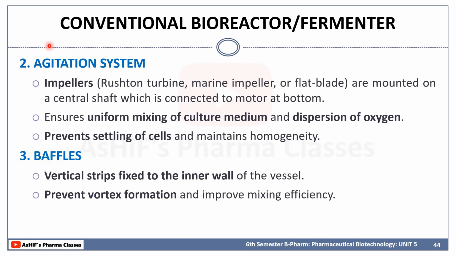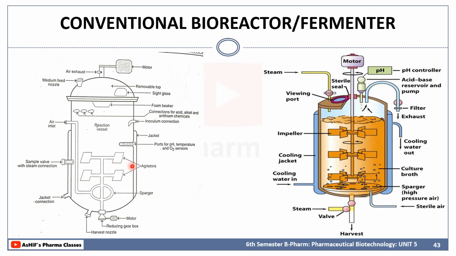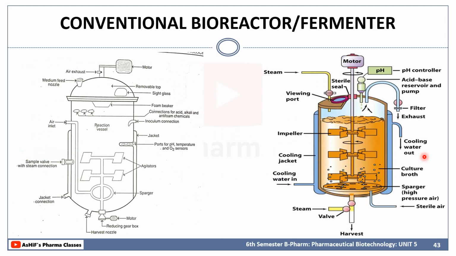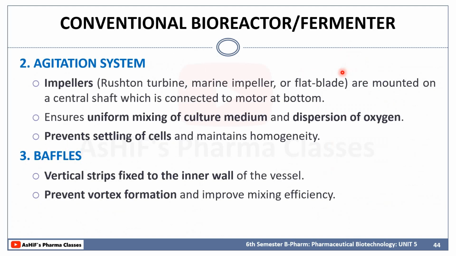Now coming to the second part, that is the agitation system. So this is the agitation system. We have agitators like impellers, which are usually a Rushton turbine, marine impeller, or flat plate, mounted on the central shaft. This is the central shaft which is connected to a motor, so that it will be effectively stirred in the vessel.